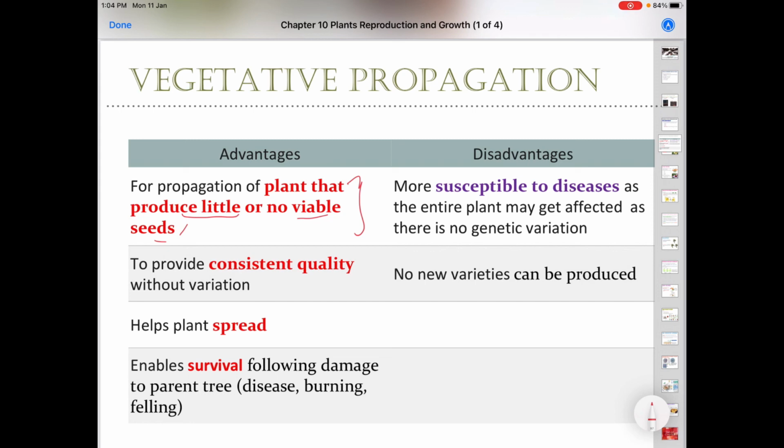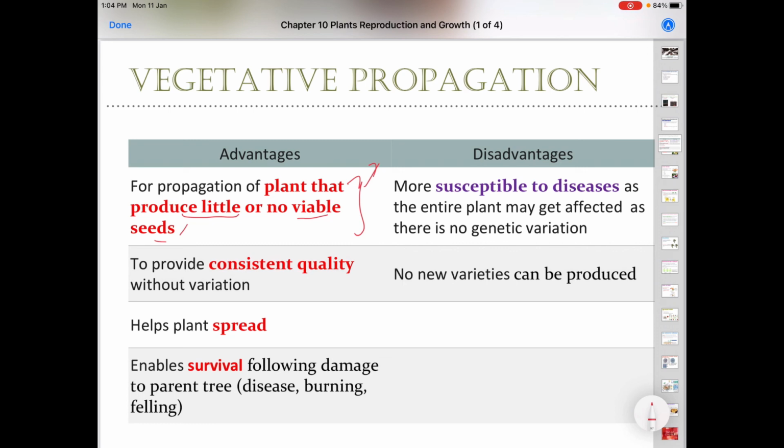For example, we have one very good seed and we want to maintain the genetics inside the seed, so we carry out vegetative propagation, because the progeny and the parent are genetically identical.